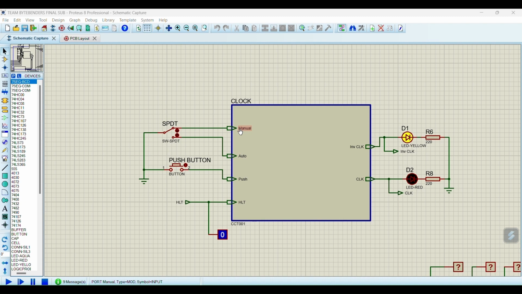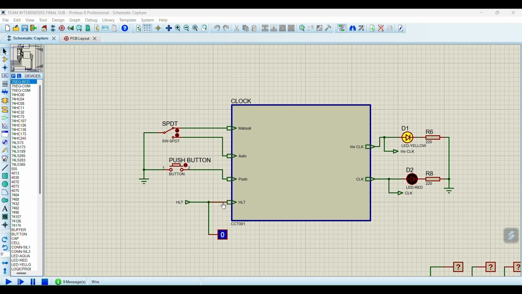There is a SPDT switch which is used to switch between manual and auto mode. And there is also a push button which serves as a trigger for manual pulse generation. We can also see a halt input which comes from the control sequencer. When the halt is 0, the clock starts working.